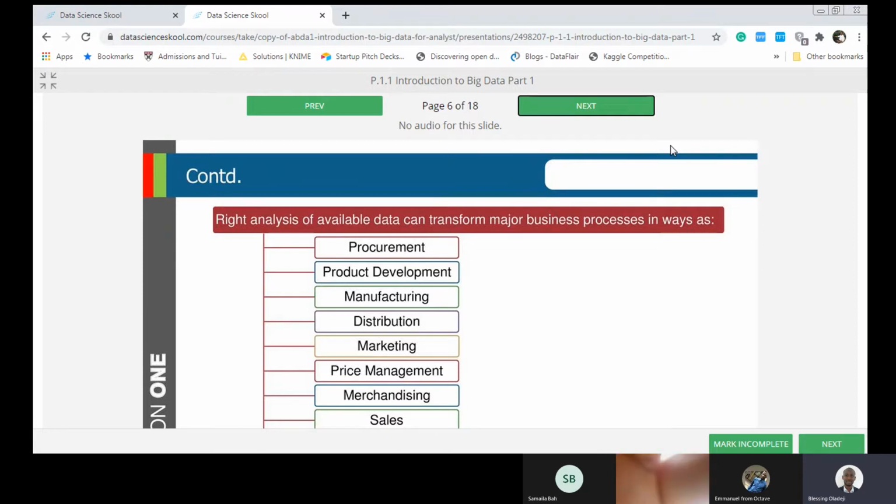So whether it's HR, procurement management, product development, manufacturing, marketing, or pricing, whatever it is, I can go on and on giving you examples. I remember a pricing project we did with a telecom company. That company gave bonuses to their customers, and they never knew that there had been revenue leakages of up to 9 billion naira in a single year.